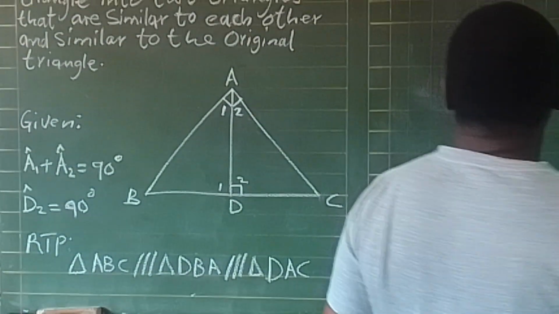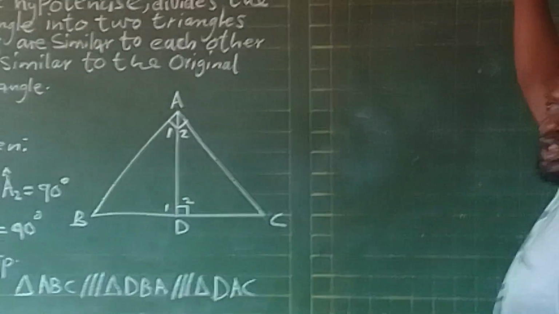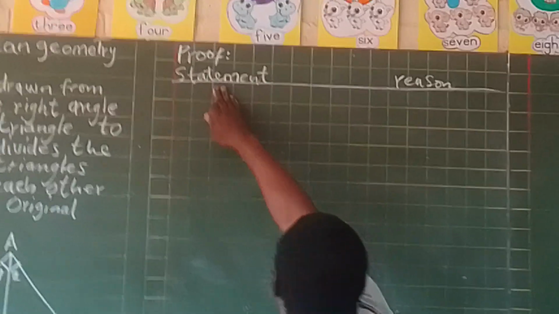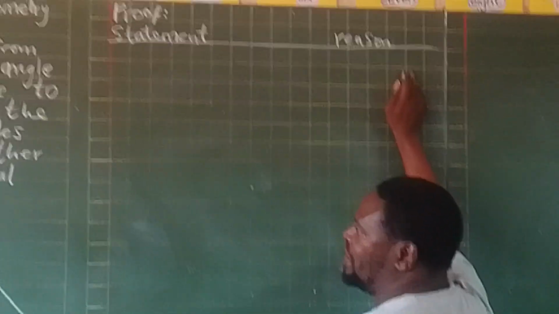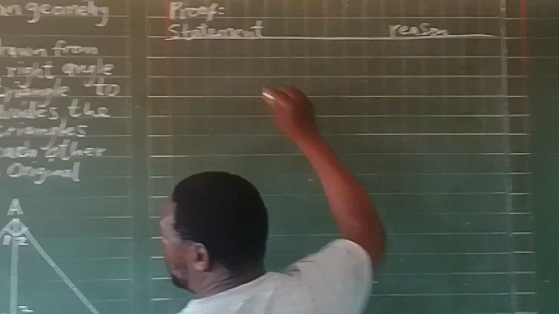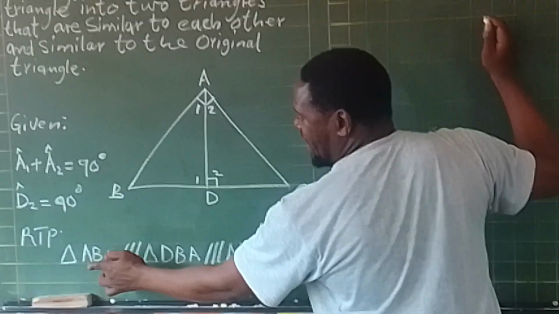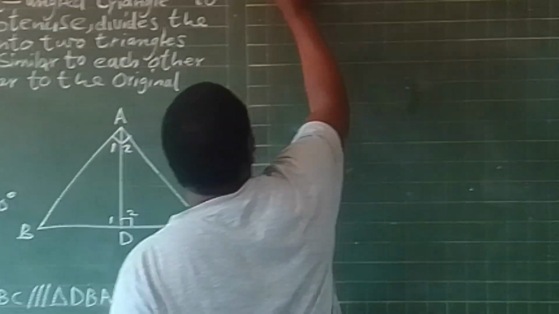Now, coming back to the proof, when we prove in grade 12, please make it a norm that when you are doing Euclidean geometry, you include your statement and your reasoning. We are going to take one of these two triangles. Let's start at triangle ABC.